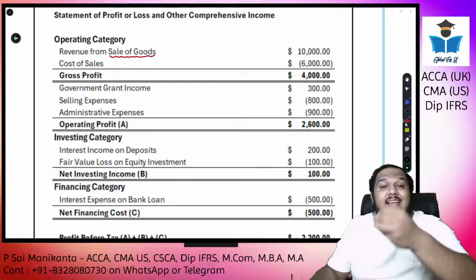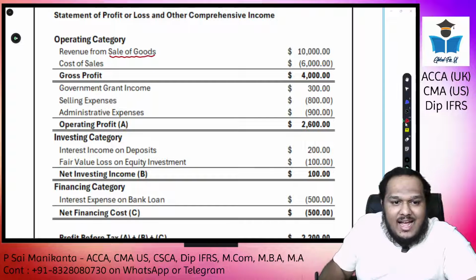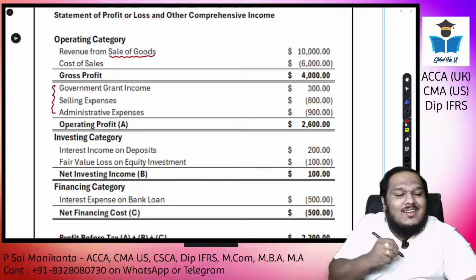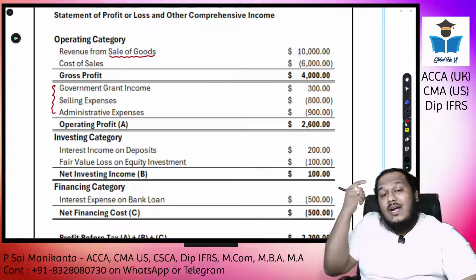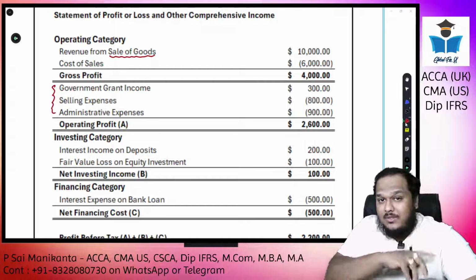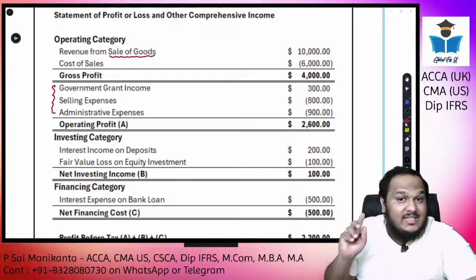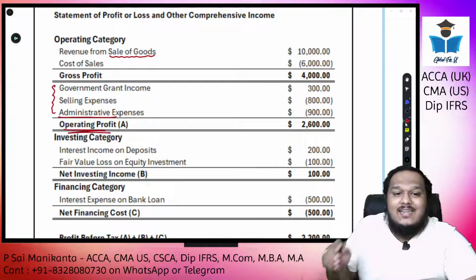More detailed labeling is required. Minus cost of sales is gross profit, and here are selling expenses, administrative expenses, government grant income. These were all under SG&A earlier. Under IAS 1 previously it was under SG&A, incomes and expenses. Here it has to be a part of operating profit.